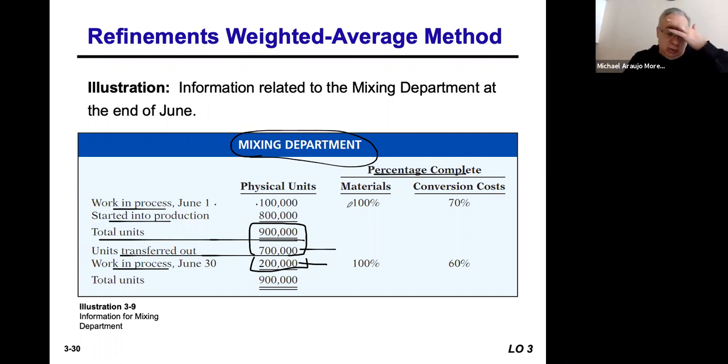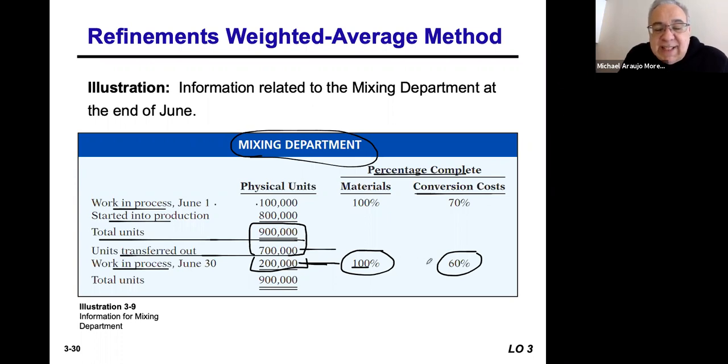We are going to find out how much of the materials have been used in the process of these 200,000, and all of the materials are in the waffles. You should hope so. Otherwise, your waffles are missing something. No eggs, or no flour. Wouldn't be much of a waffle. So all the materials are in these 200,000. However, the conversion costs are basically labor and overhead.